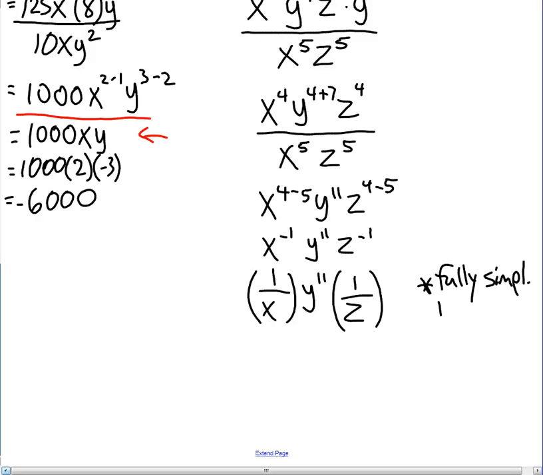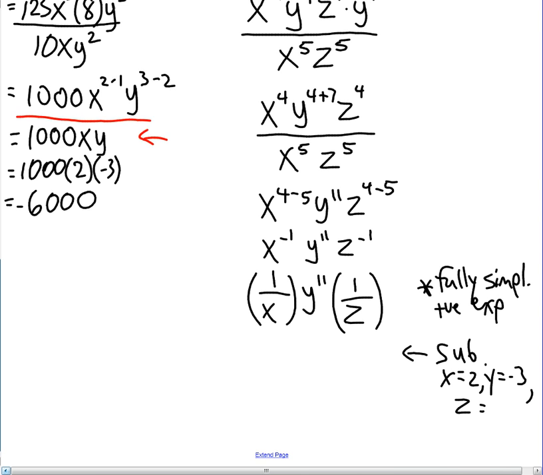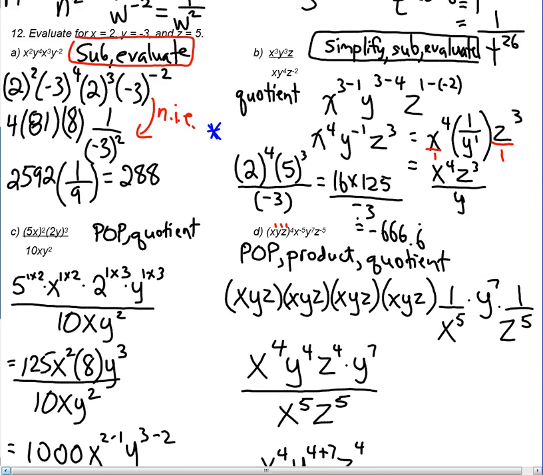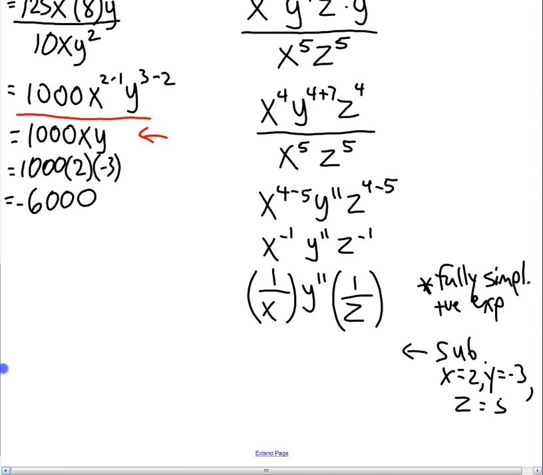Okay, and now I can substitute at the next step. X equals 2, y equals -3, and z was also 5 from before. So I'm going to put in 1 over 2, -3 to the exponent 11, and 1 over 5.